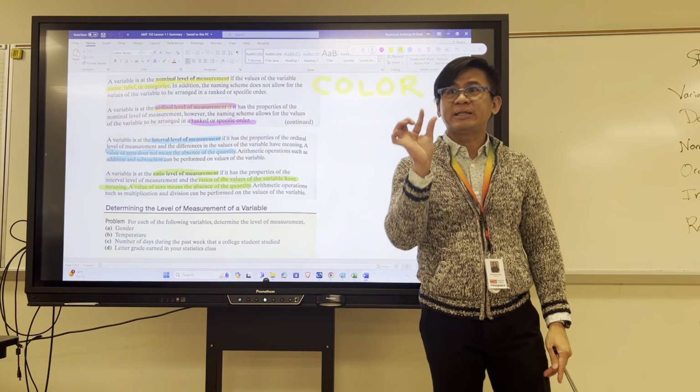So let's talk about determining the levels of measurement of a variable, all right? For each of the following variables, determine if they're nominal, ordinal, interval, or ratio.